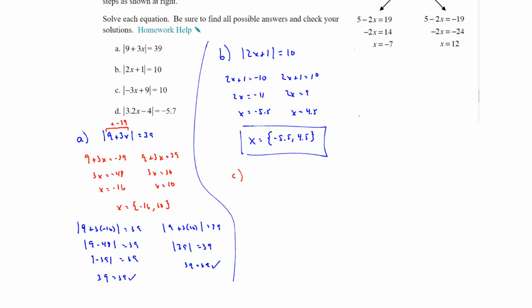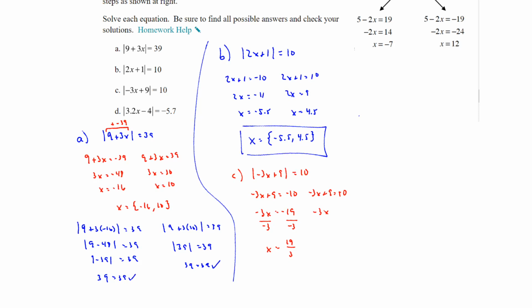Alright, C, the absolute value of negative 3x plus 9 is equal to 10. So we know negative 3x plus 9 could equal negative 10, or negative 3x plus 9 could equal a positive 10. Subtract 9. That's negative 19, divide by negative 3, and I'm just going to leave this one in fraction form because the decimal I'll get a repeating number, so 19 over 3.